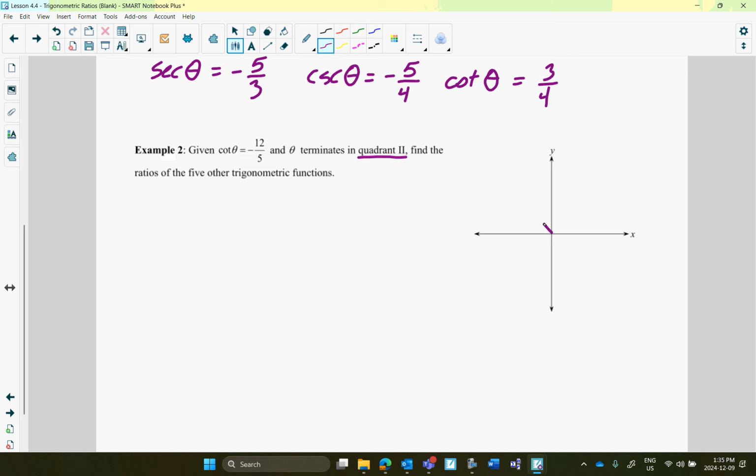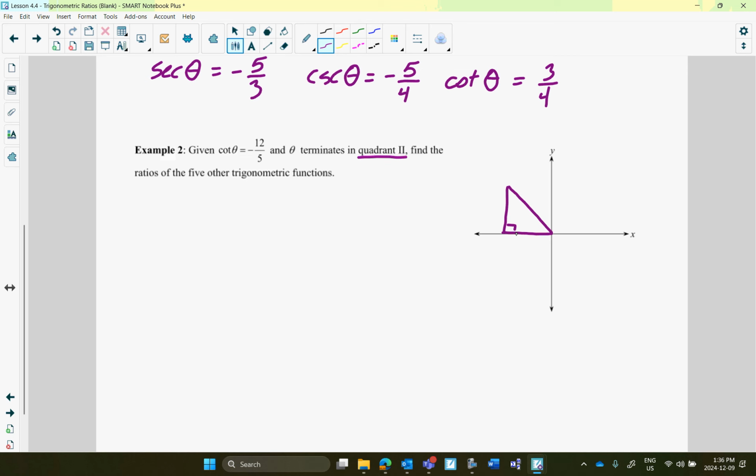First of all, your hypotenuse always comes out from the origin. Then a vertical side, and your horizontal side is always on the x-axis, positive or negative. To find the ratios, I need to know all the sides, right?